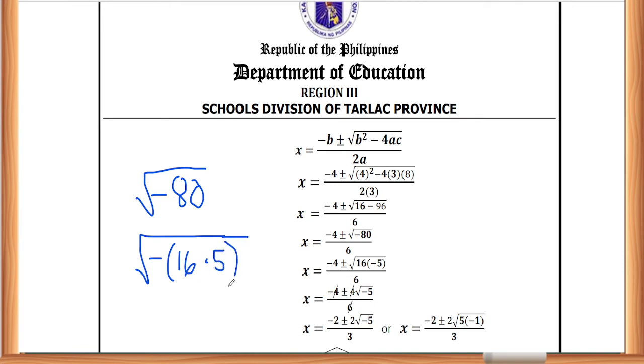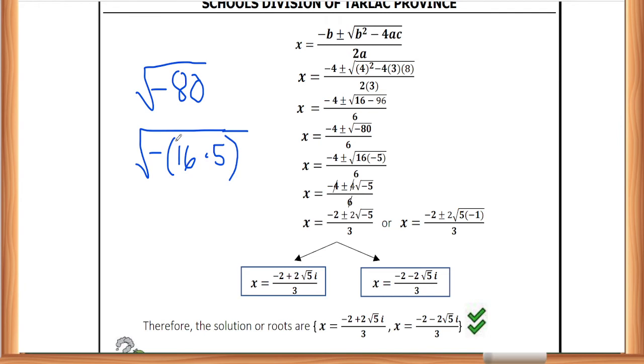So, kunin natin yung perfect square na 16 pero positive siya. Kasi, this can be considered negative 5 times positive 16. Okay? So, yung positive 16, pwede mo nang kunin yung square root. So, the square root of 16 is positive and negative 4.